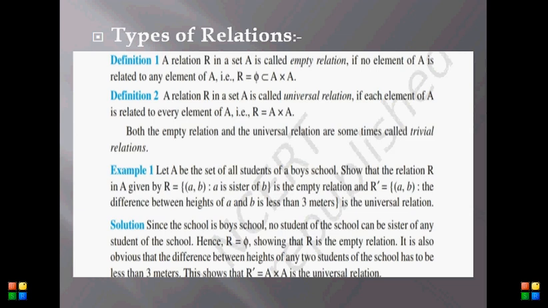So R is the empty relation. It is also obvious that the difference between the heights of any two students of the school has to be less than 3 meters. So this shows R dash equals A cross A is a universal relation.